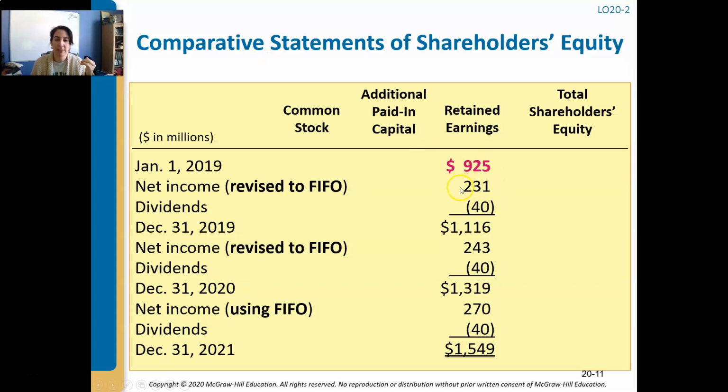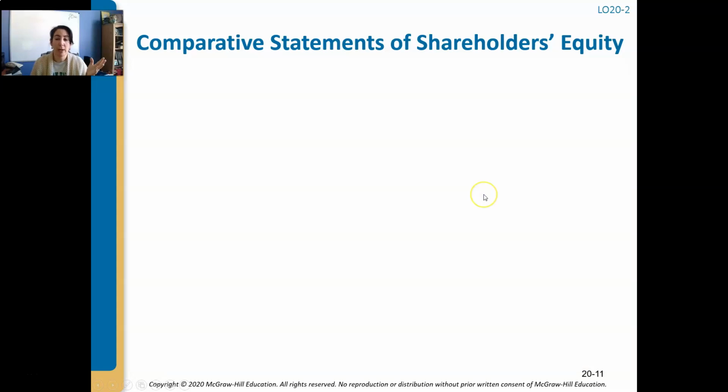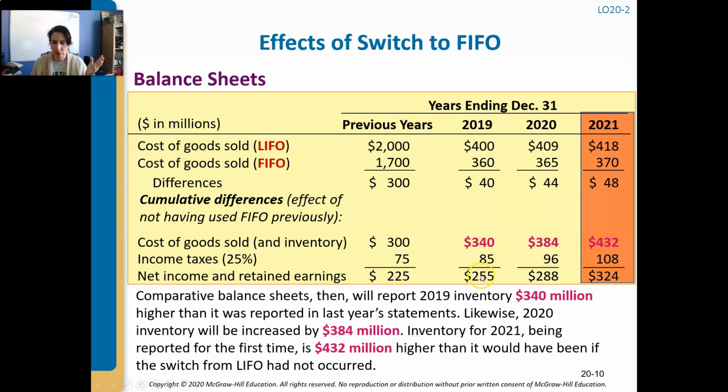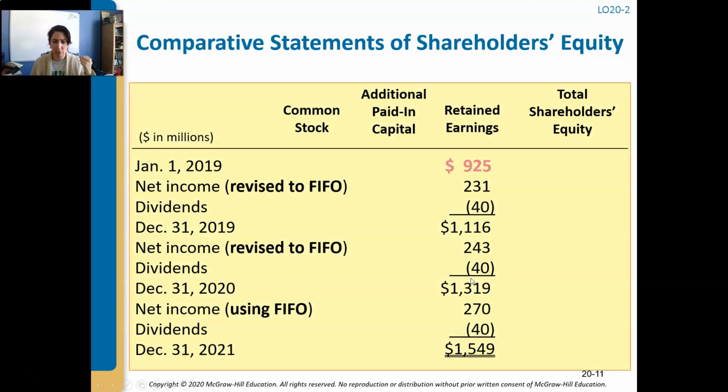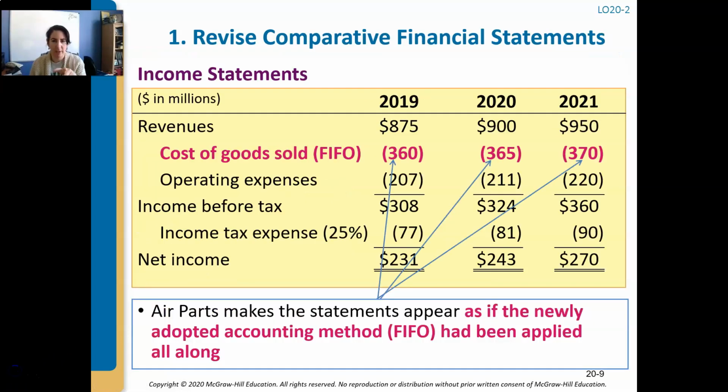We'd have the shareholders' equity statement, and we would have the new net income of 231. 231 less the 40 is 1116 minus the new net income, 243.40, right? So the idea is you'd be restating the statement of stockholders' equity or shareholders' equity with the new net income numbers. Okay, I had to go back to see where those were coming from. There you go. There's your 231, there's your 243, there's your 270. So the results of the net income.